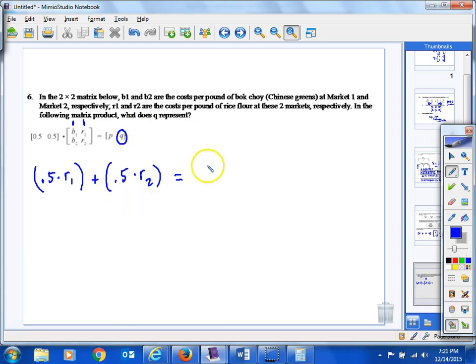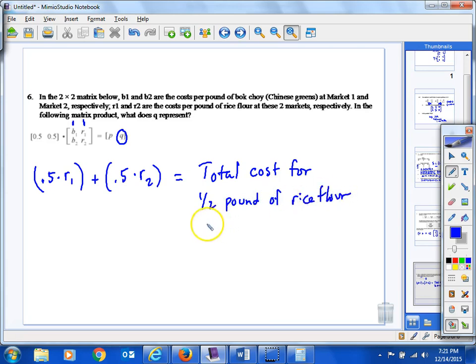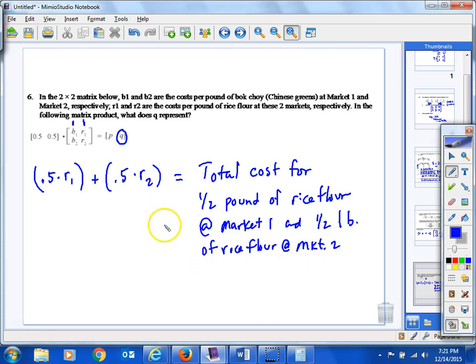The total cost for 1/2 pound of rice flour at market 1 and 1/2 pound of rice flour at market 2.